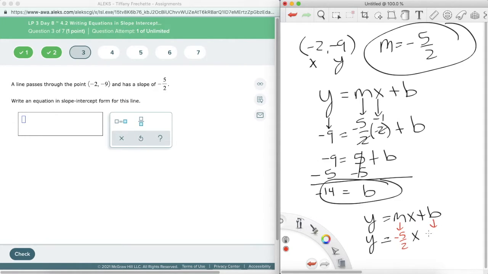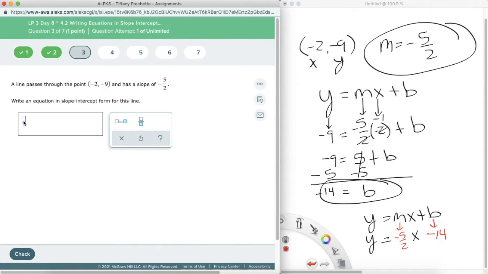We want it to say y equals the slope times x plus the y-intercept. These two are specific to this problem. So we had to do those other pieces to get here, but we want to make sure the y and the x go back for writing the general equation, because this one up here is very specific to this point, but it helps us figure out that missing piece.